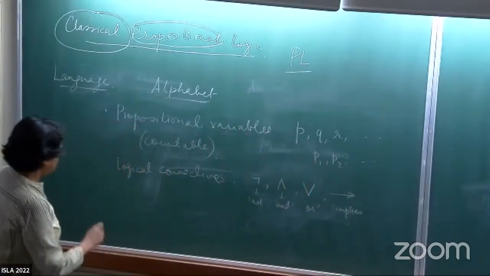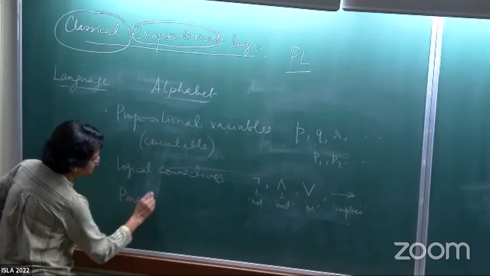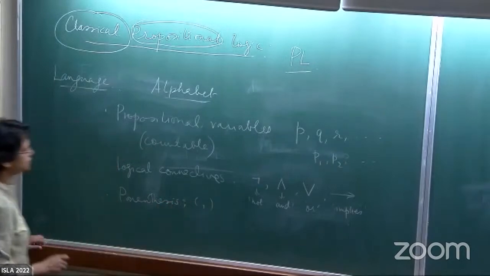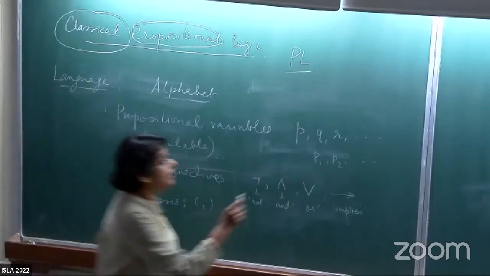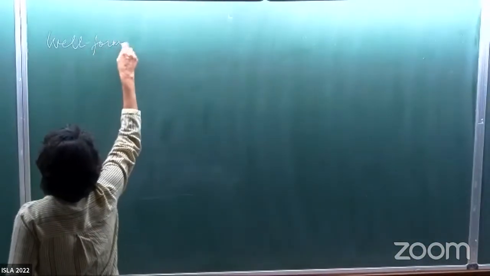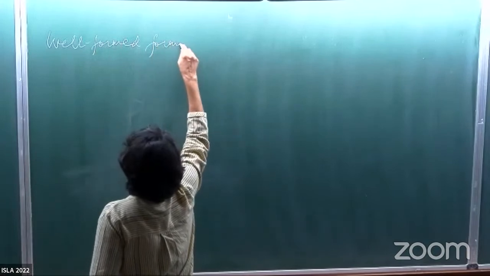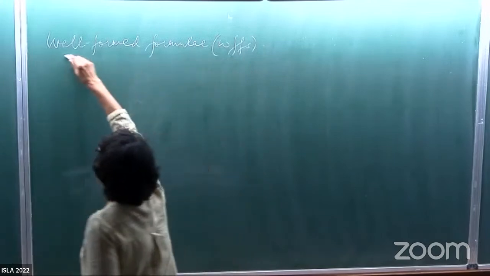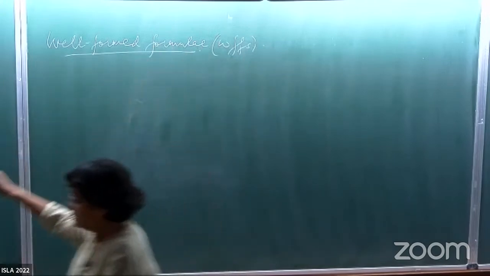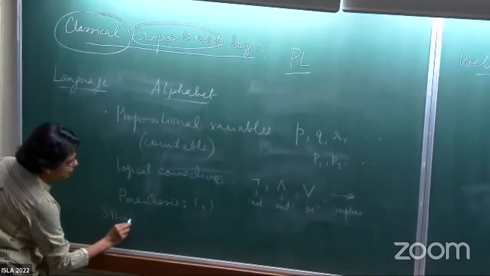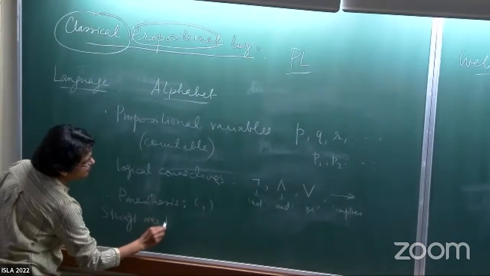And you would also have parentheses, the brackets that will give rise to formulae. Now the collection of formulae are what we will call well-formed formulae, WFFs in brief. For that, we need to understand that given any alphabet, you can give rise to the collection of strings over the alphabet.